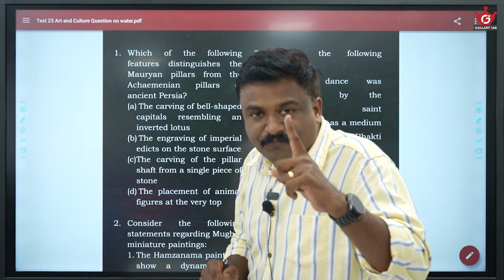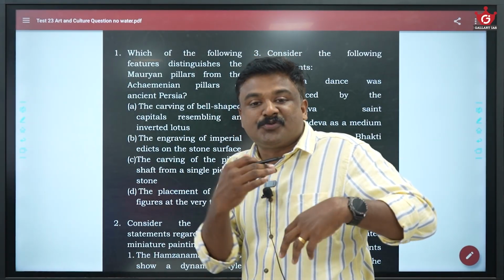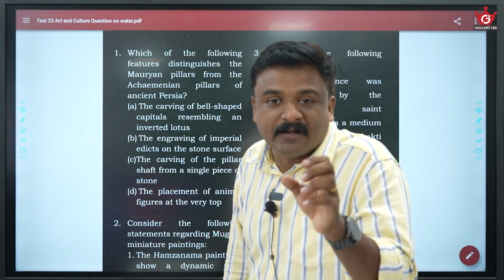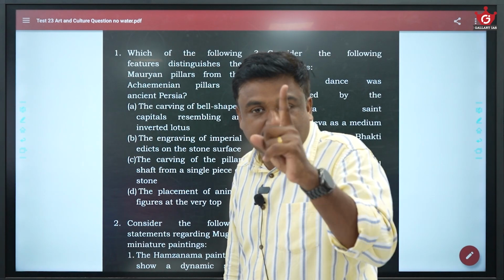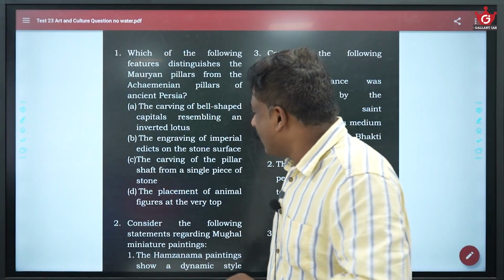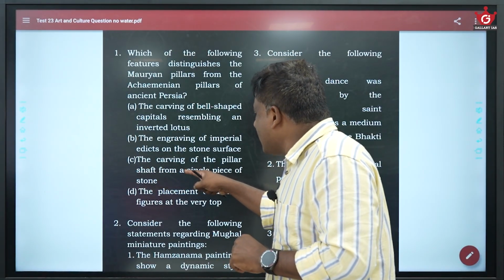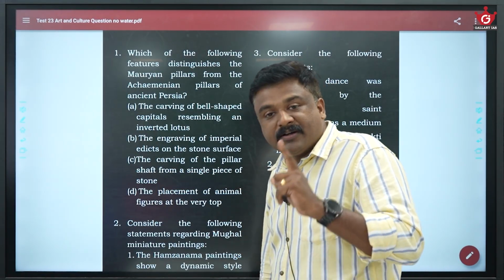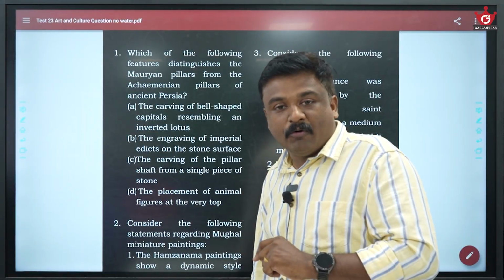There is only one feature out of these: the Mauryan pillar is monolithic, the shaft is of single stone. So the answer is the carving of the pillar shaft from a single piece of stone. That is the unique feature of the Mauryan pillar.